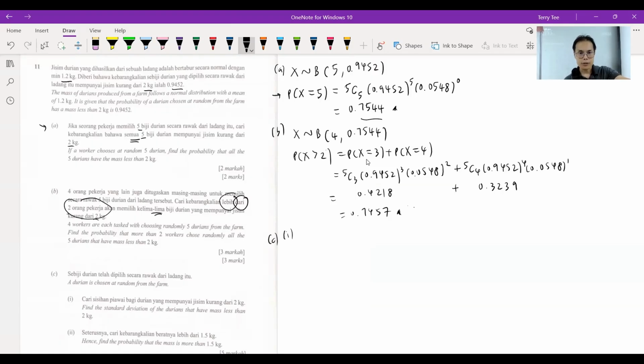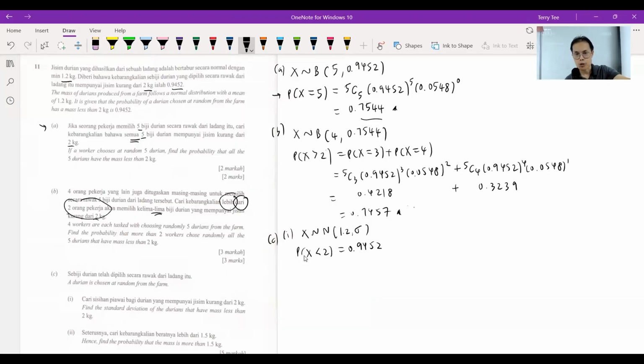Okay, so actually they don't have to mention mempunyai jam kurang dari 2 kg because we know that durian are normally distributed, right? With the mean of 1.2, but we do not know what's the standard deviation, the sisihan piawai. So we know that the probability that your x is less than 2 kg is 0.9452.